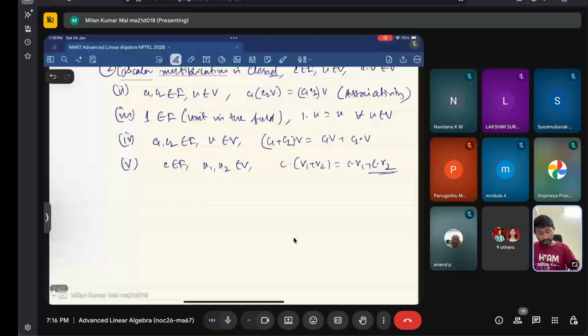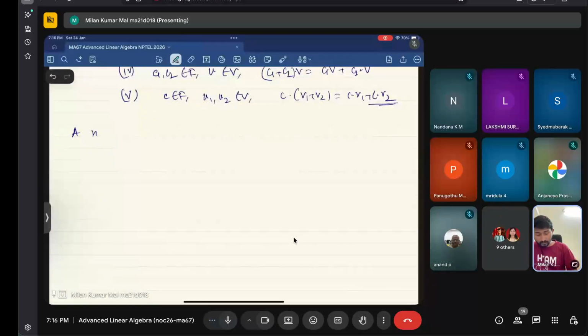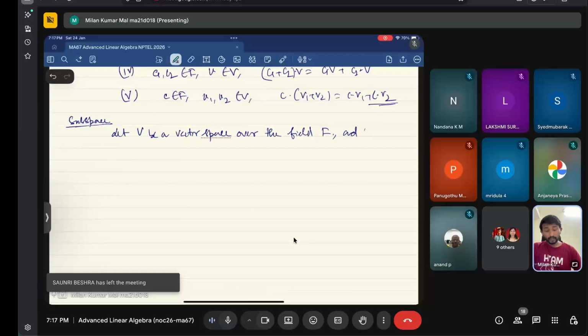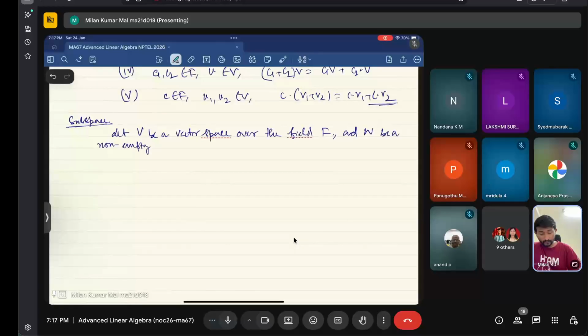Now the other thing is the subspace. Starting with: let V be a vector space over the field F. And let W be a non-empty subset of V. Then what do we mean by subspace?